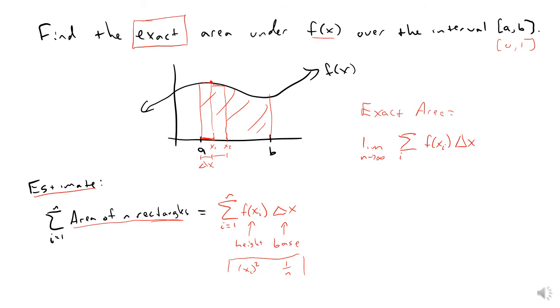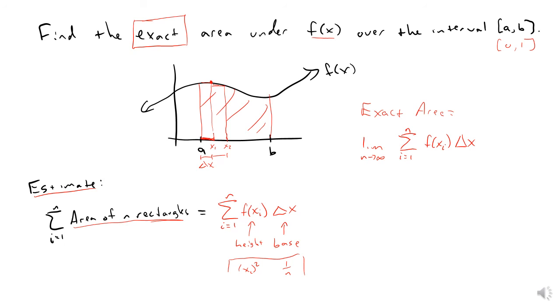We're going from i equals 1 to n, where n represents the number of rectangles, but then we take the limit as the number of rectangles goes to infinity. That gives me the exact area under any function from a to b, assuming there may be some requirements on that function, but assuming this area is defined, this will give me the exact area under that function between a and b.